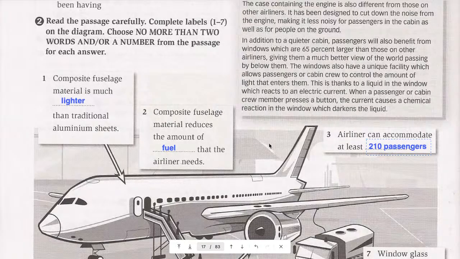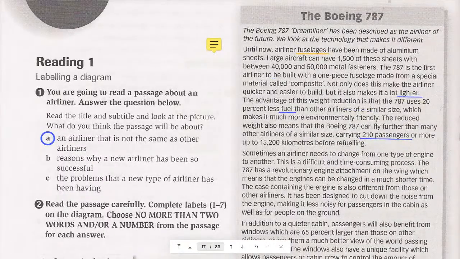Now number two. Composite fuselage material reduces the amount of something that the airliner needs. Reduces the amount of weight that the airliner needs? The airliner needs more weight? No. Yes, again, the advantage of this weight reduction.